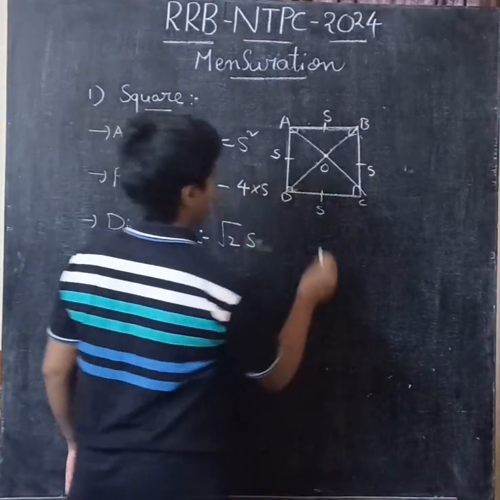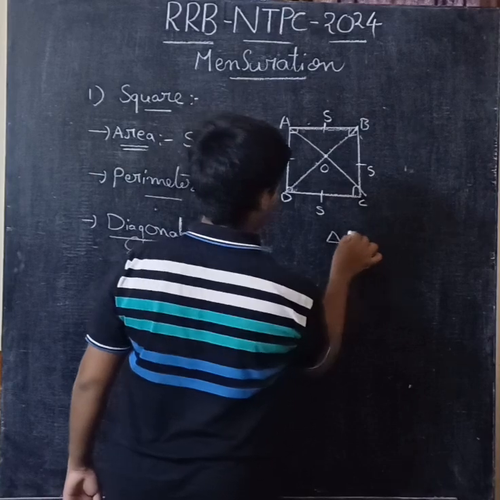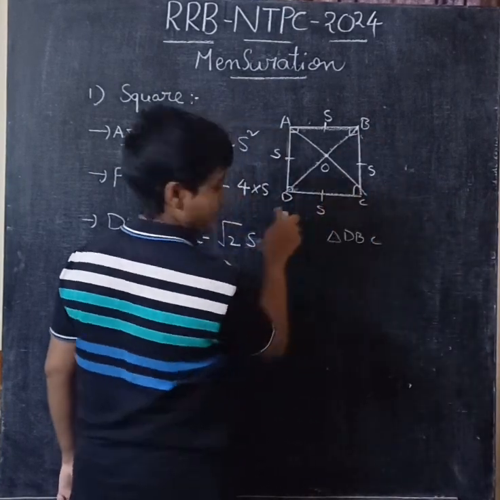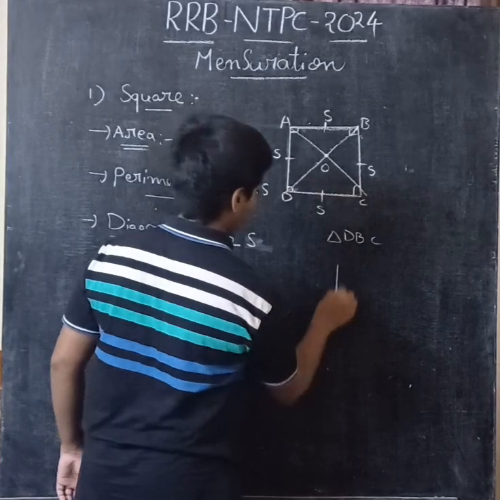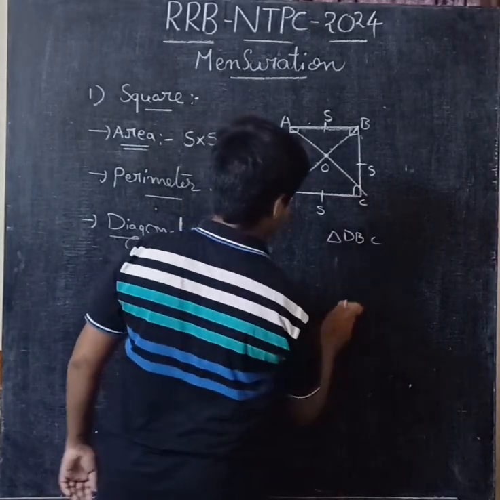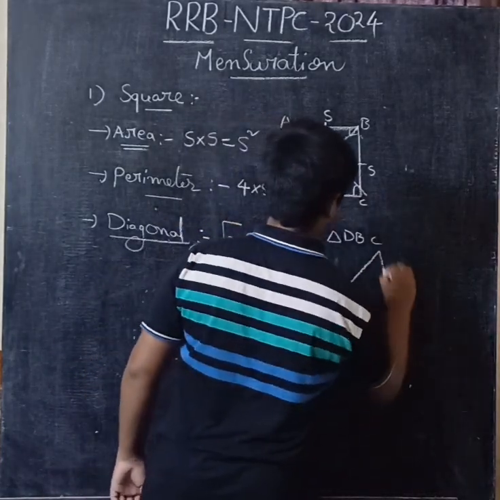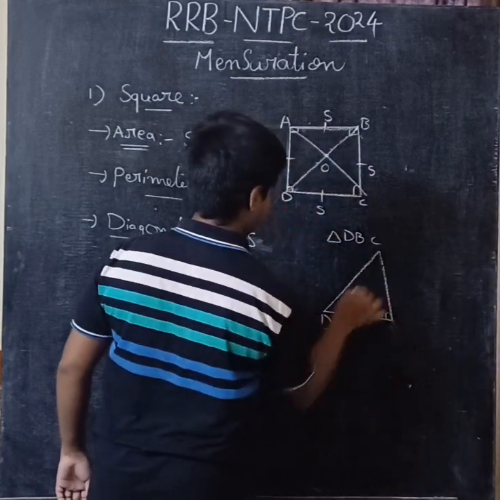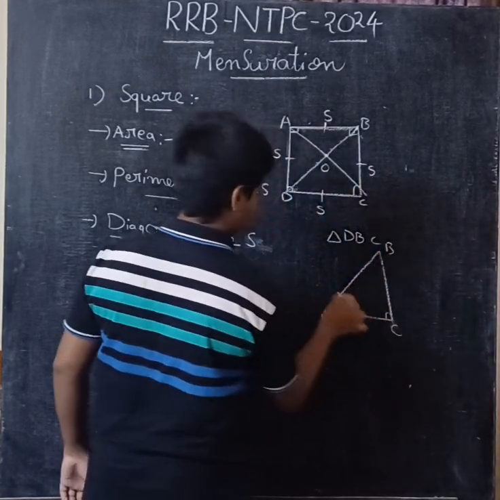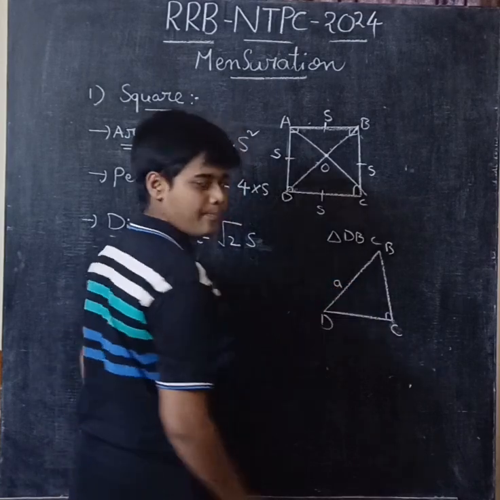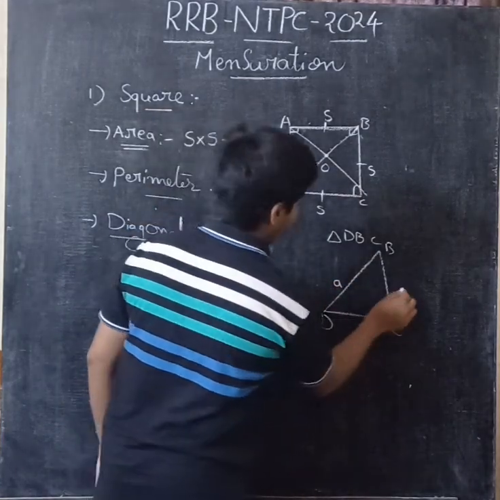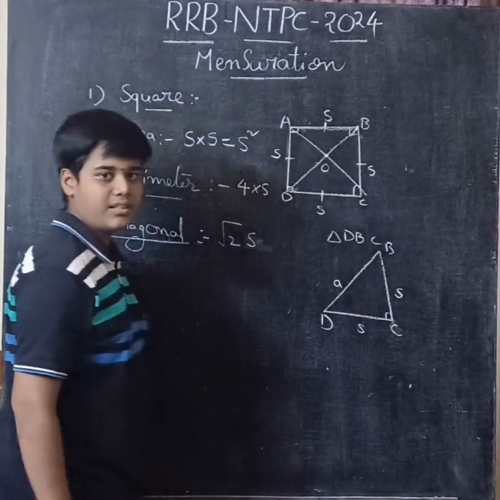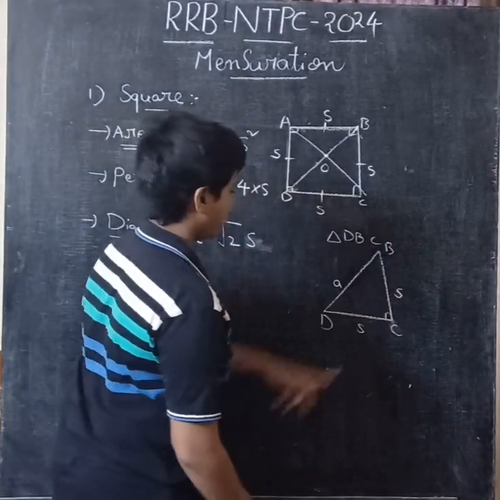How? If I take triangle DBC, and draw the triangle DBC, this is the diagonal I am taking as A. These two are sides. To find the diagonal, this is a right angled triangle.